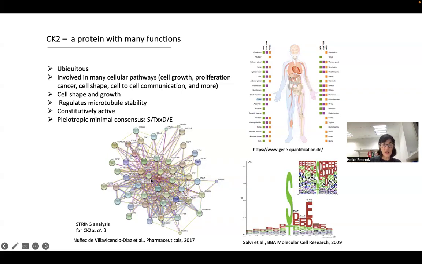So you see that network here with CK2 in the middle, and all these proteins and hubs of proteins are somehow related to CK2 and its phosphorylation activity. Also, it's expressed in every organ and in every cell of our bodies, and this just shows you that it has a high potential of phosphorylating many substrates, many proteins in our cells.